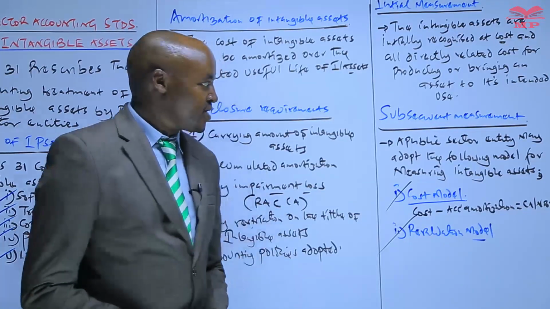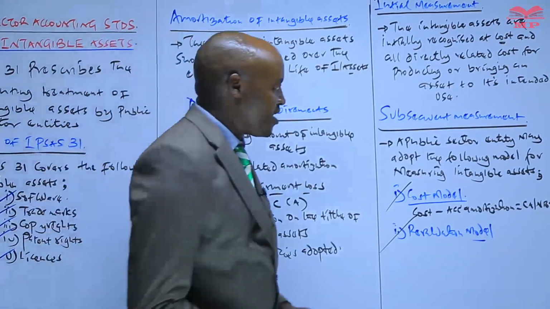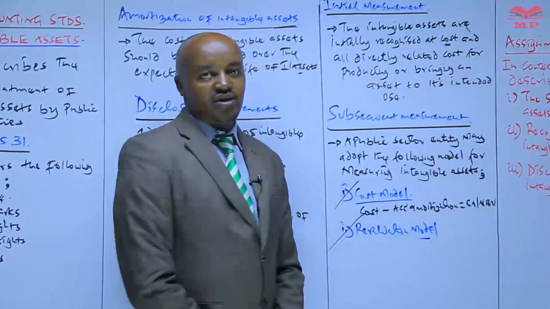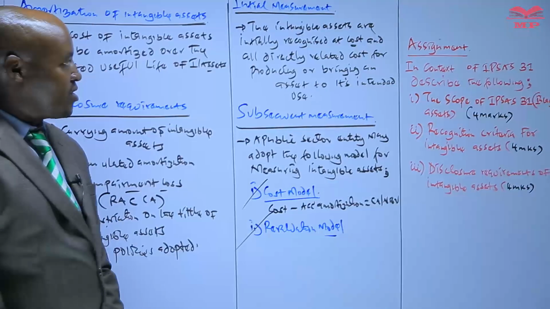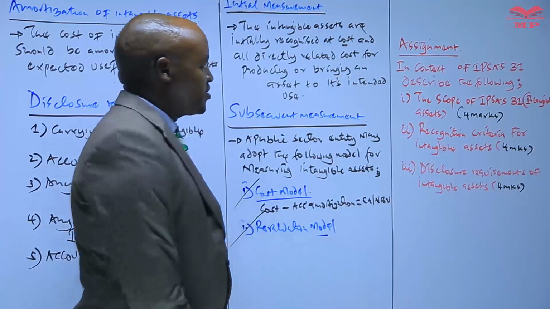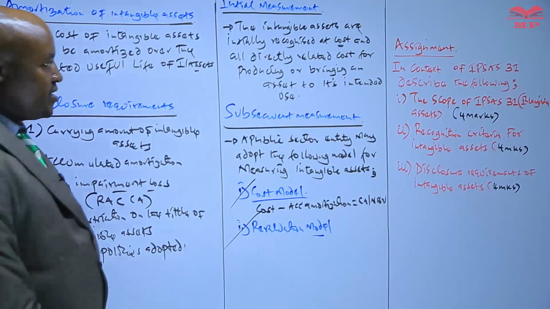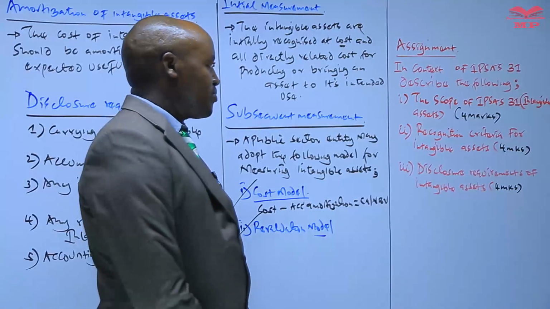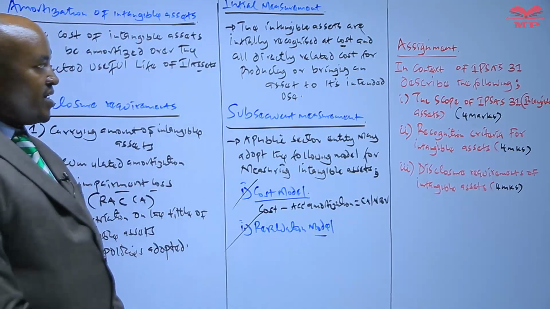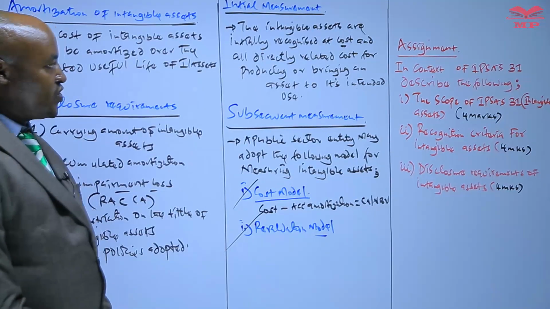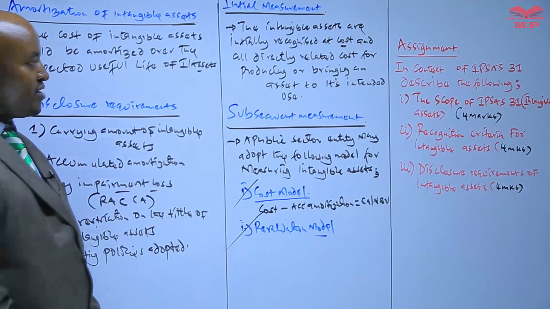And before we wind up, I want to give some questions here which you can use for your revision purpose. So the question reads, in the context of IFRS 31, describe the following. Roman 1, the scope of IFRS 31 which governs the accounting, recognition, measurement of intangible asset, 4 marks.